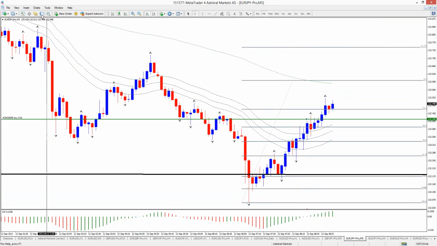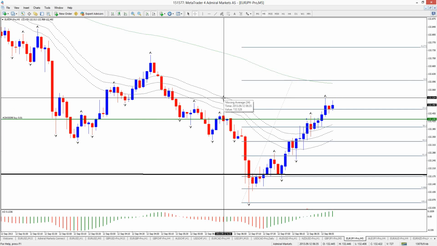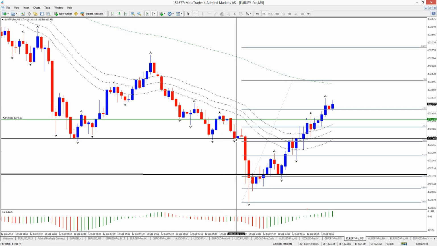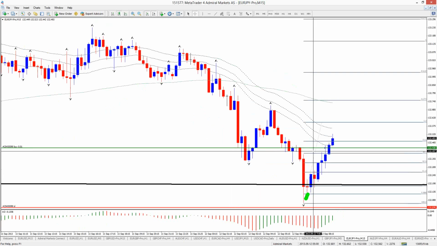So let's see, up 7 pips at the moment. Well, you know my game plan. I'm looking for that momentum reversal to the upside.